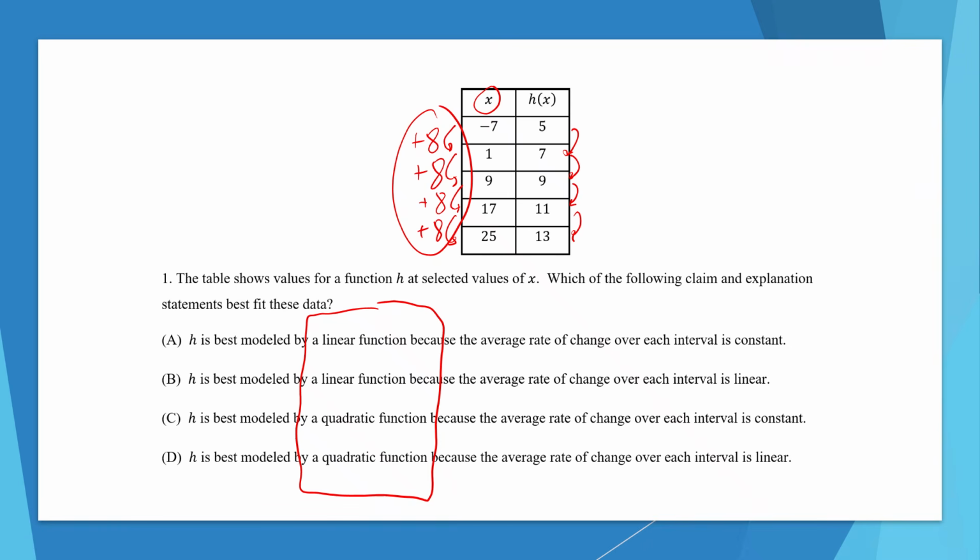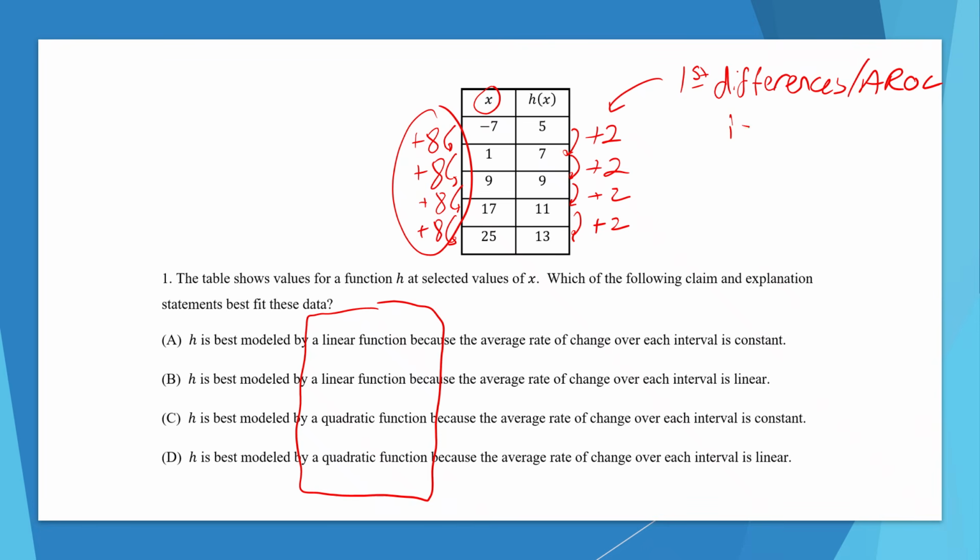Now let's take a look at our y values. From 5 to 7, we have plus 2, 7 to 9, 9 to 11, 11 to 13. Here we see this is what we call our first differences, which is also known as our average rate of change or rates of change.